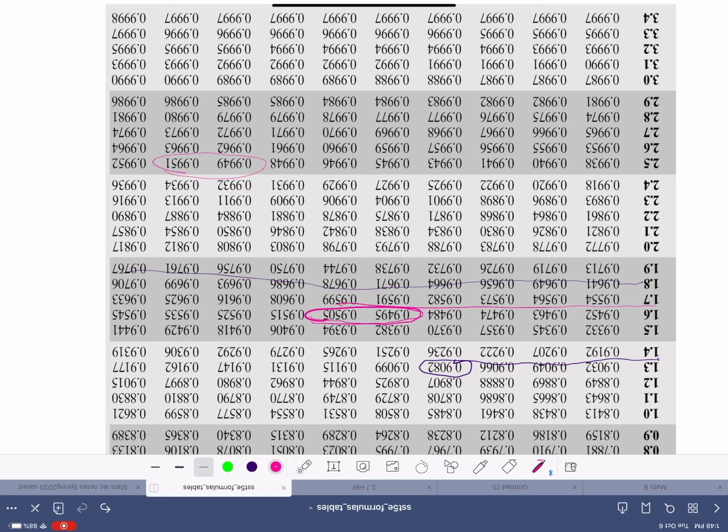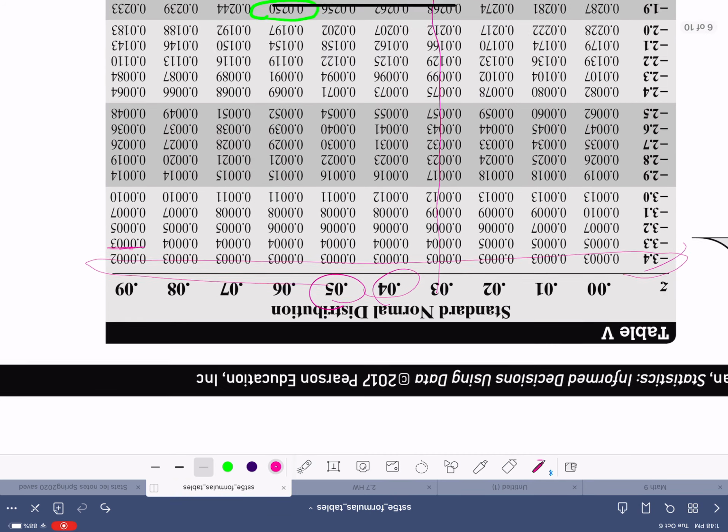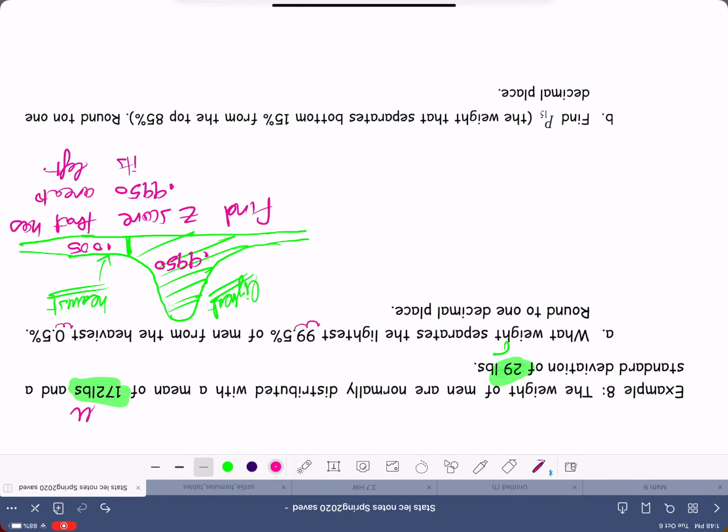0.9949 and 0.9951 are on my table, but I don't have the exact 0.9950, but I can clearly see it lies between 2.57 and 2.58, and I can find their average. I can say 2.57 plus 2.58 divided by 2.